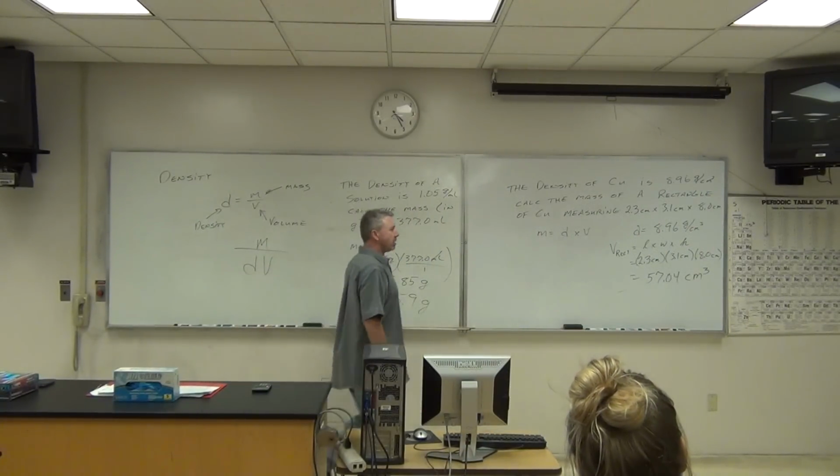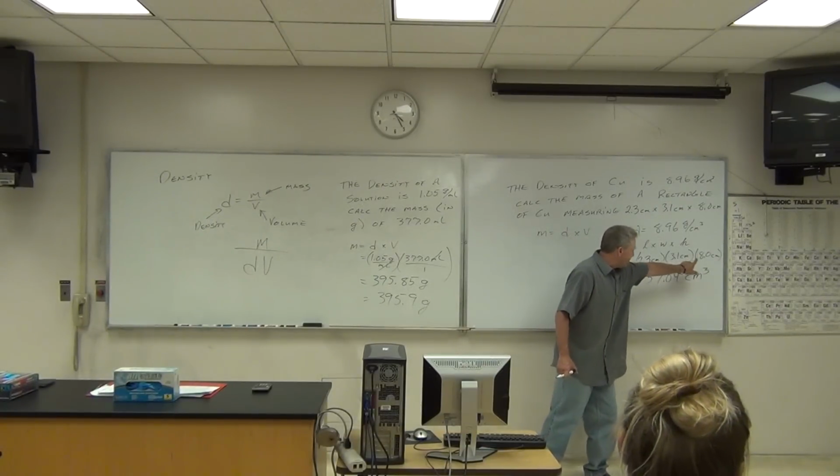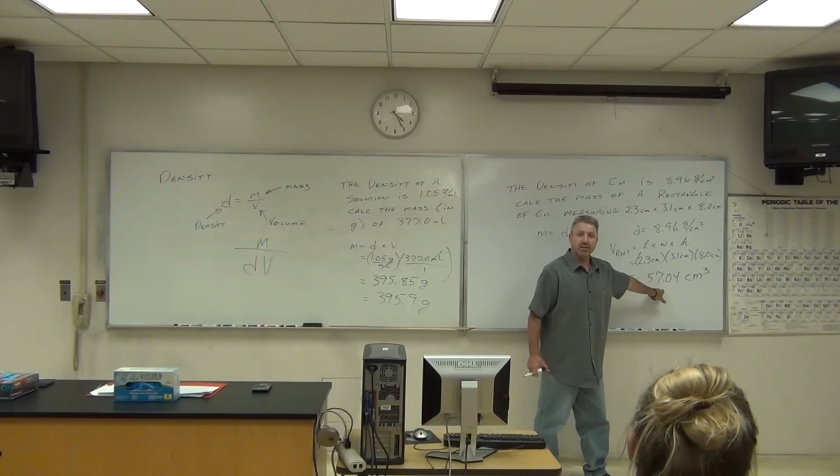Now, you look at this and you say, look, we're multiplying 2 significant digits, 2 significant digits, 2 significant digits. You don't round this to 2 significant digits.